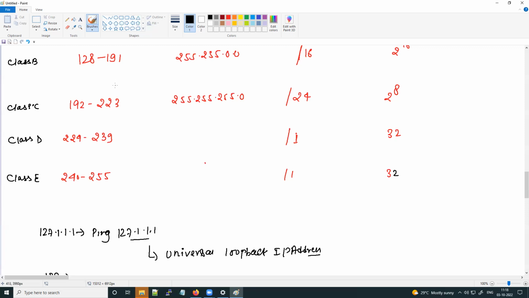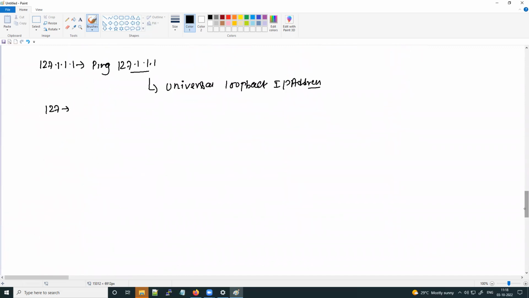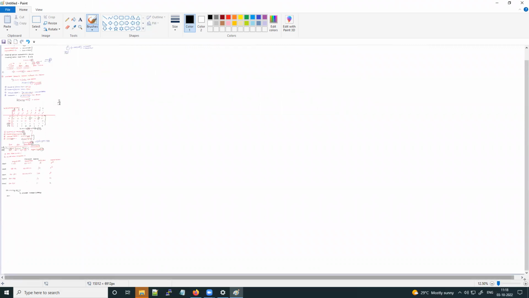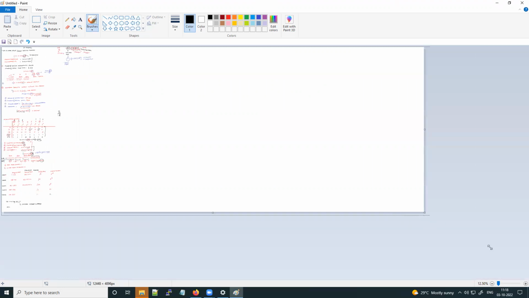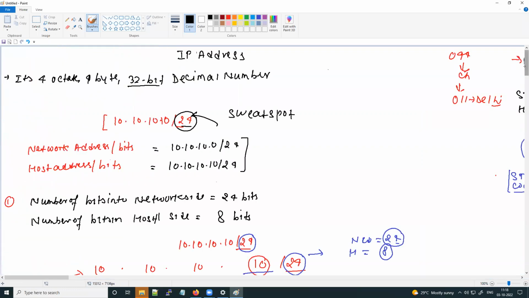Now, in each and every class, class A, class B, class C, we have some IP addresses that are basically private IP addresses.